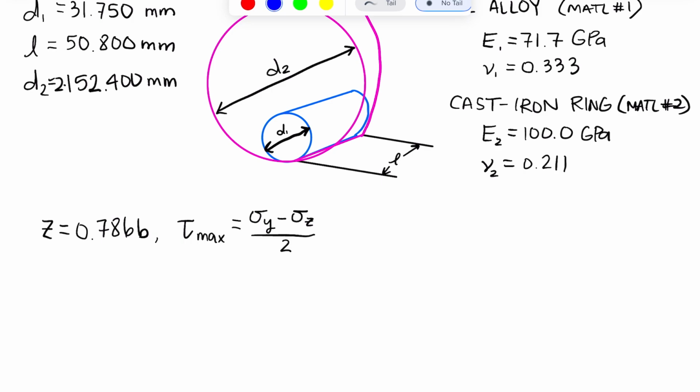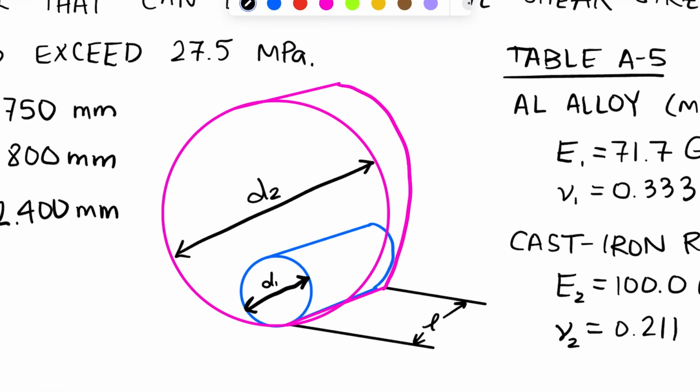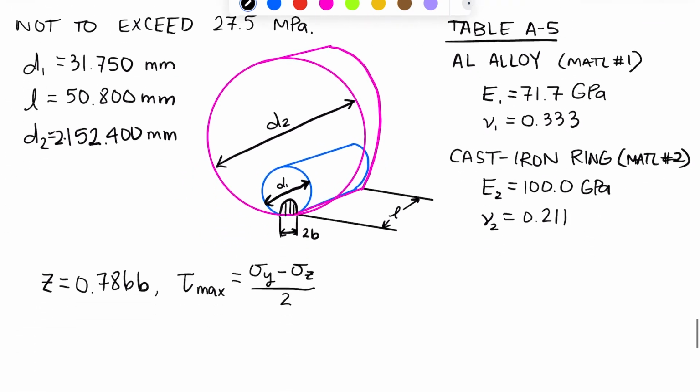We got those last time. We're also going to need the contact width B. So remember that the location where we have contact here looks something like this, and this width is 2 times B. So we're looking for B.